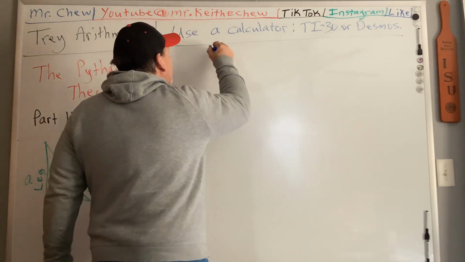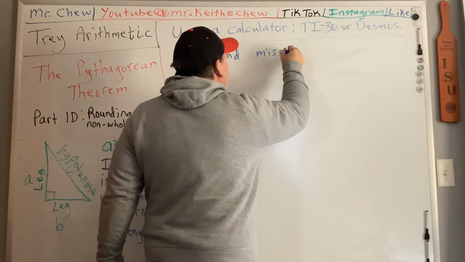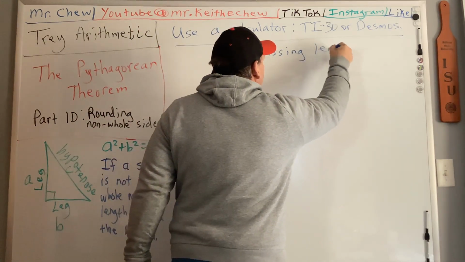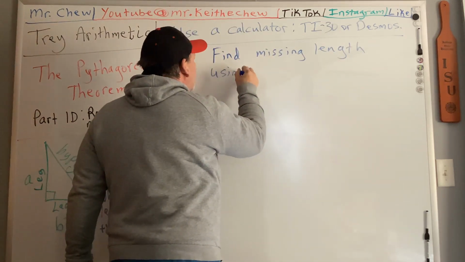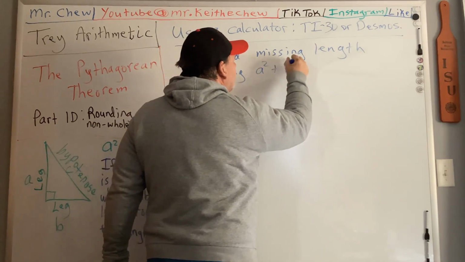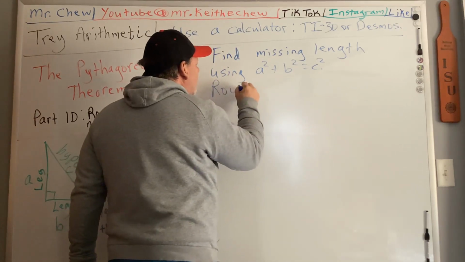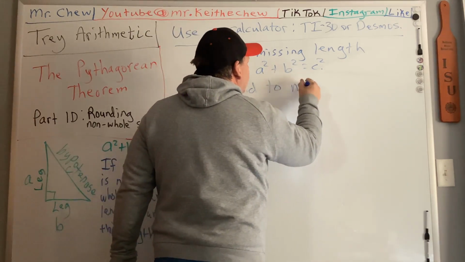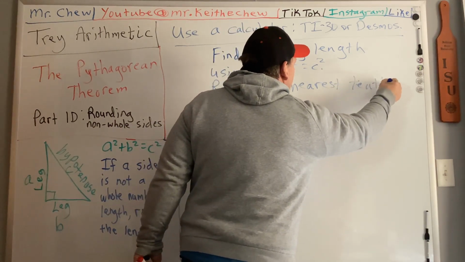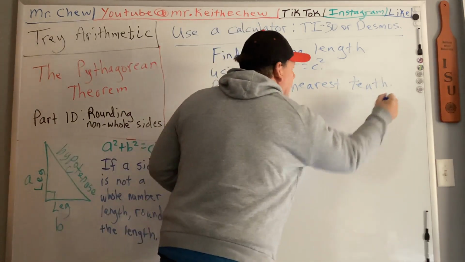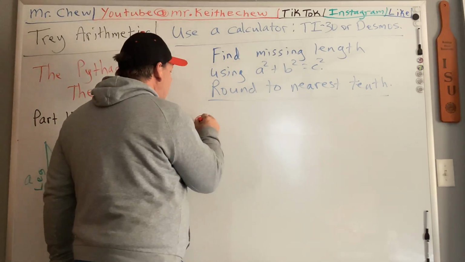So find the missing length using A squared plus B squared equals C squared. Round to the nearest tenth, because the problem will always tell you where to round it to. Okay? All right. You just have 2.